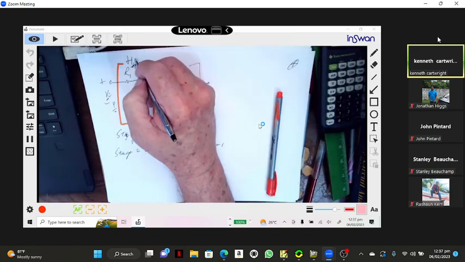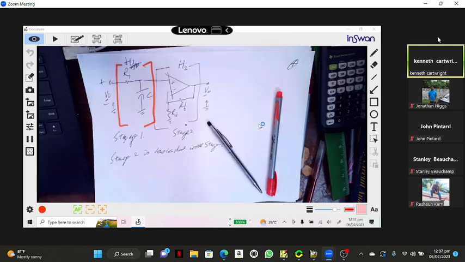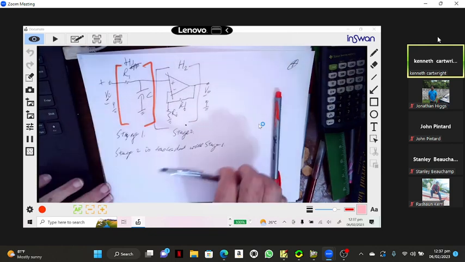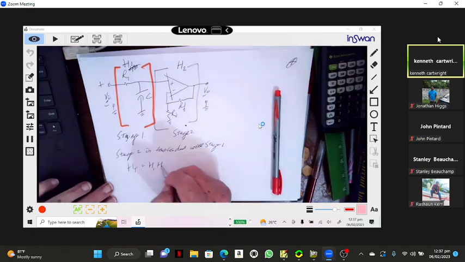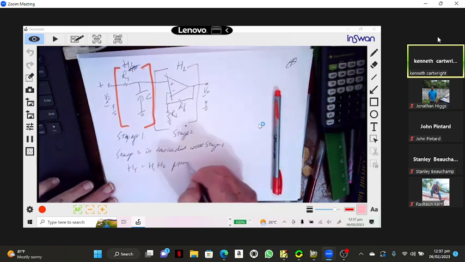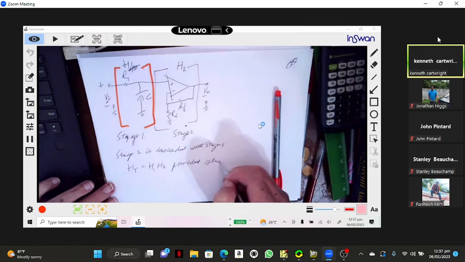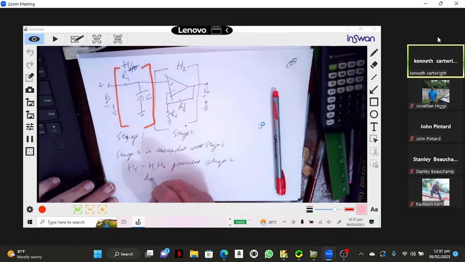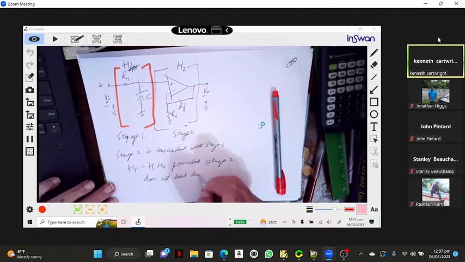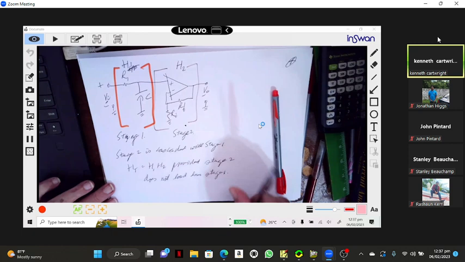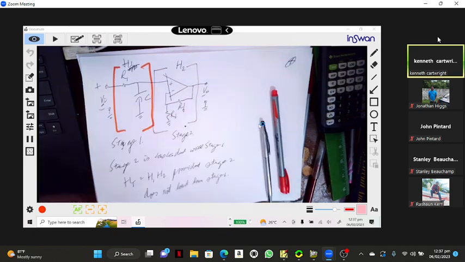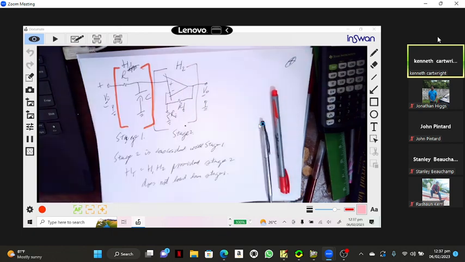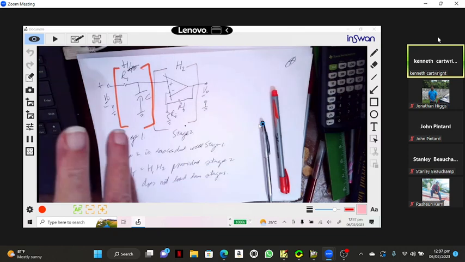That's provided stage 2 does not load down stage 1. So the overall transfer function HT is H1 times H2, provided stage 2 does not load down stage 1. And how do we know that's true in this case? How do we know stage 2 is not loading down stage 1?